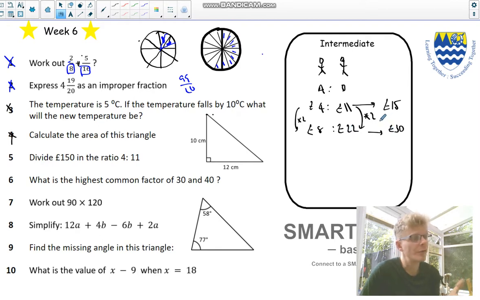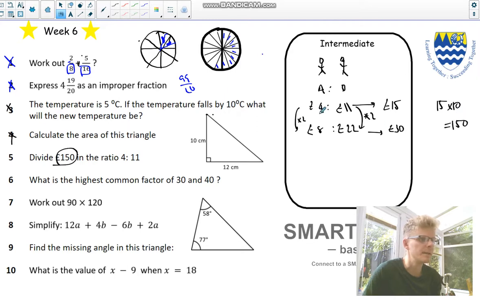Now I want to know then if I'm going to divide my ratio into £150, what do I have to do, or how many lots of this £15 do I need to get to 150? Okay, what would I have to multiply my 2 ratios by so that when I add them together at the end, I get to 150? Now most of you will spot that straight away, because if I take my 15 and times it by 10, that gets me 150. 15 times 10 is 150.